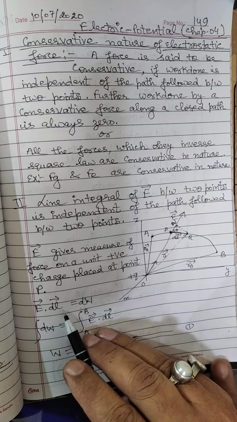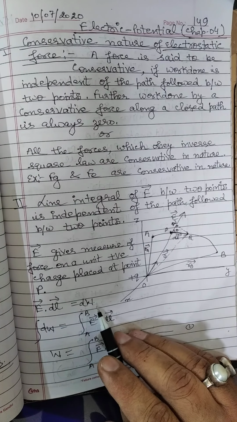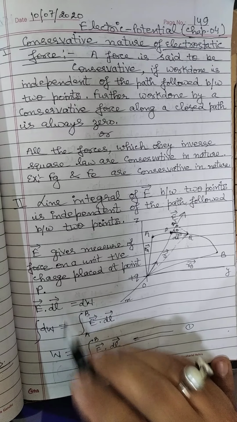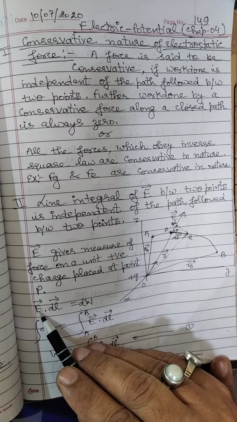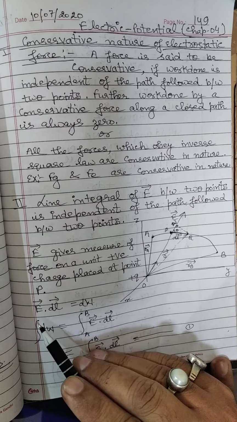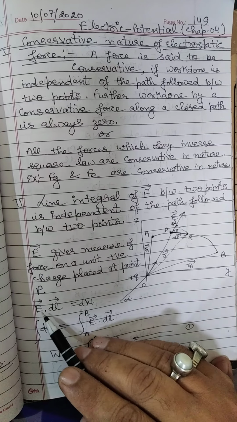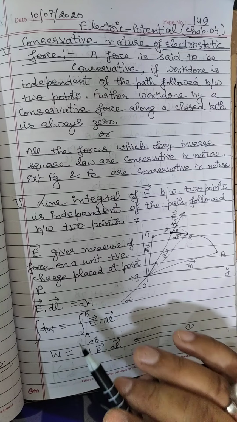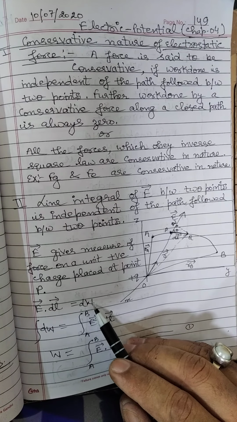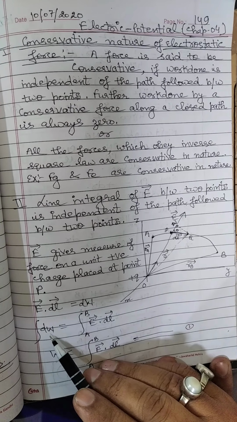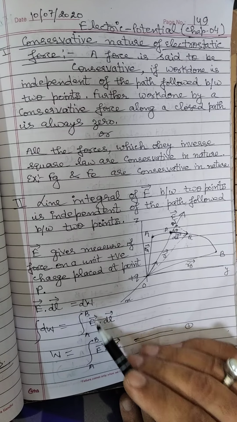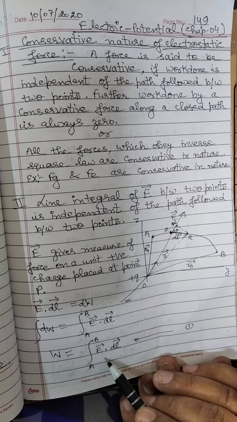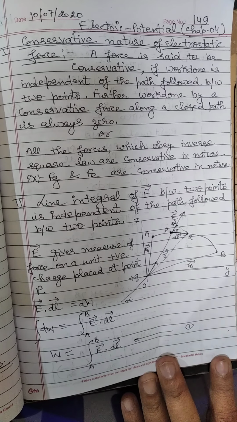So E dot dl is equal to work done. Now you will ask, work done is force and displacement. We have just told you that electric field and force we can take the same, because electric field is the force exerted on the unit positive test charge. So dW is equal to E dot dl, W is equal to integral from A to B of E dot dl, and therefore it will be treated as the work done is equal to E dot dl from A to B.